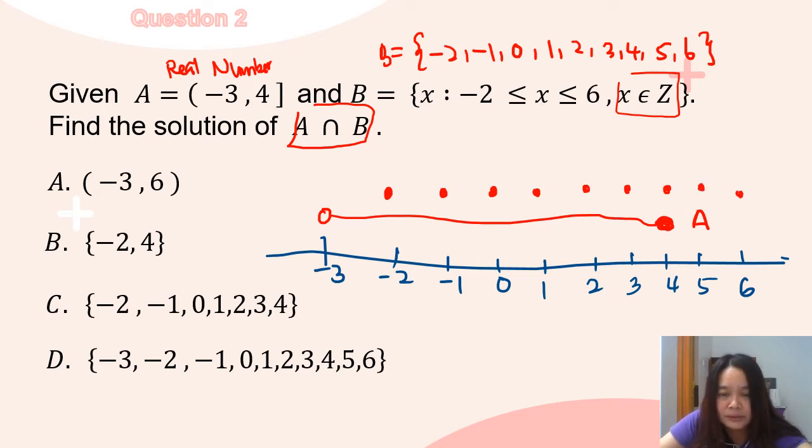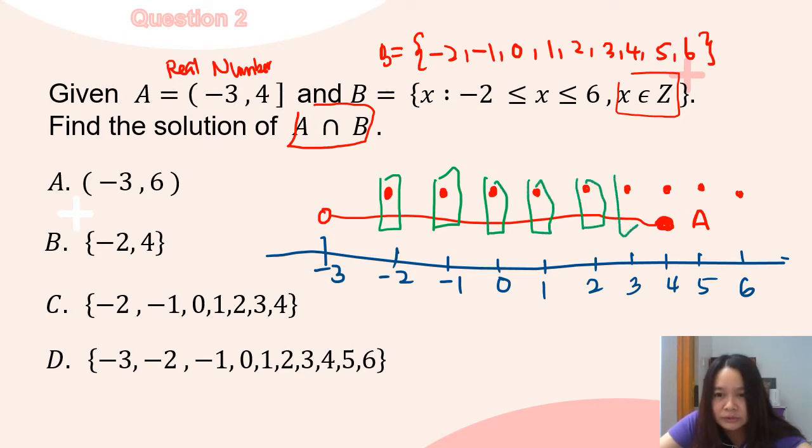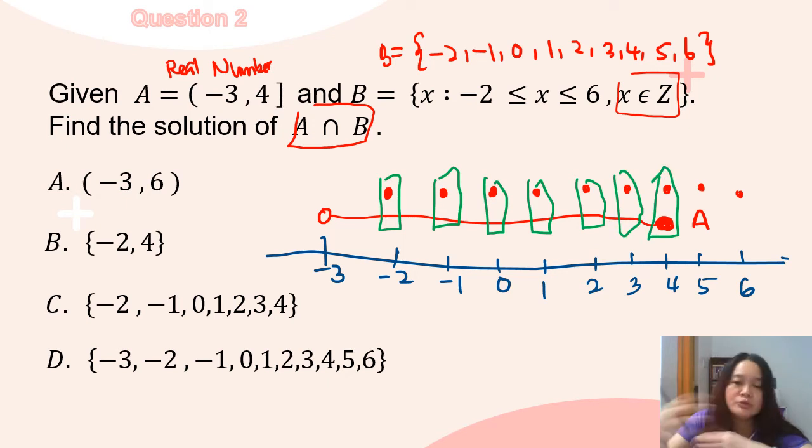We notice that in the diagram, the included part is only -2, -1, 0, 1, 2, 3, and 4. Intersection means both should have. So this is the set B here. So the correct answer should be C.